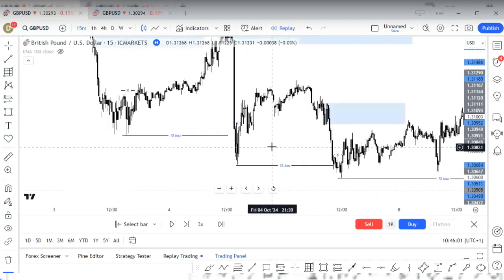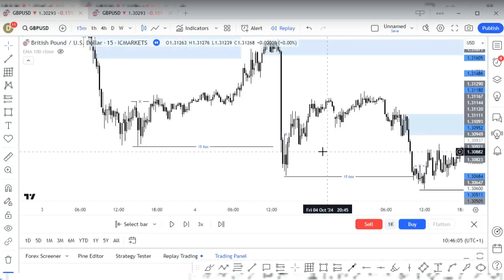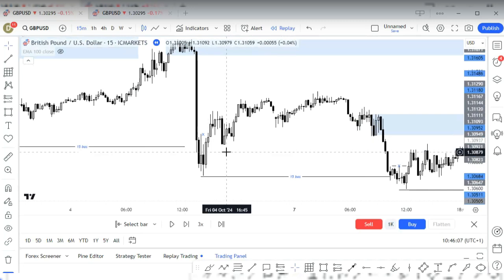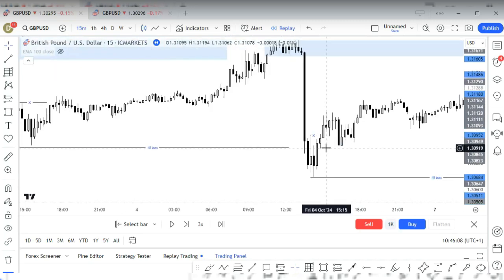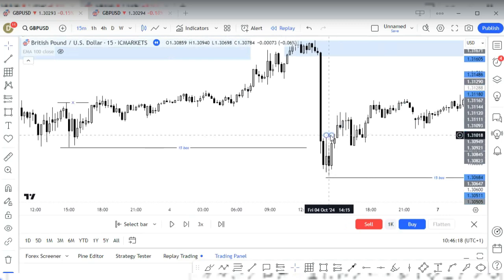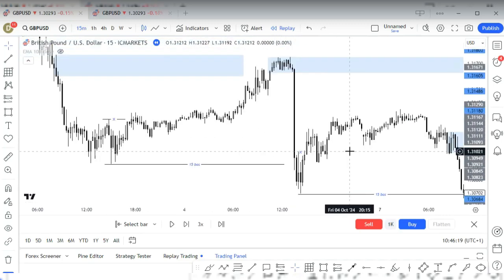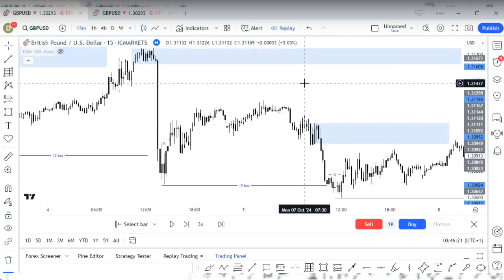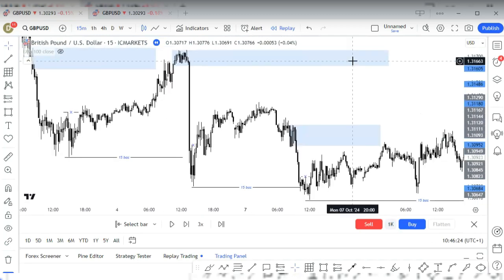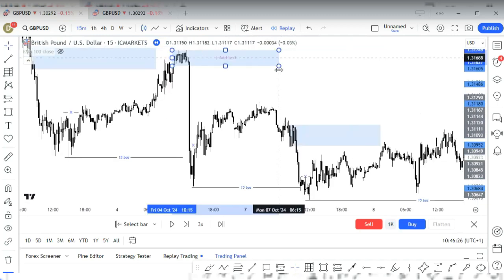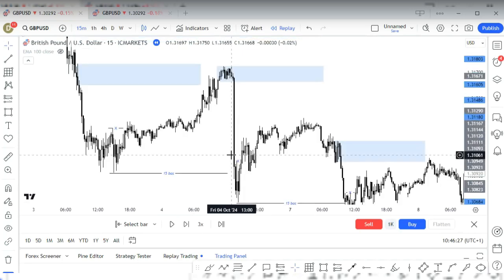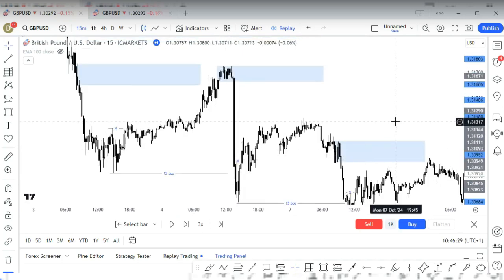Then in this small pullback, which serves as our internal liquidity, some people call it inducement and so on, but I prefer to use inducement. So we mark our inducement, then I identify my POI, which I was expecting the market to come back to, but it didn't happen. The market just fills some gaps here and continues the downtrend.